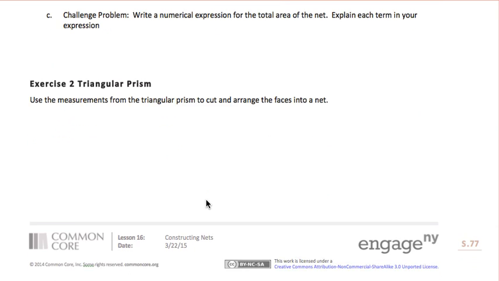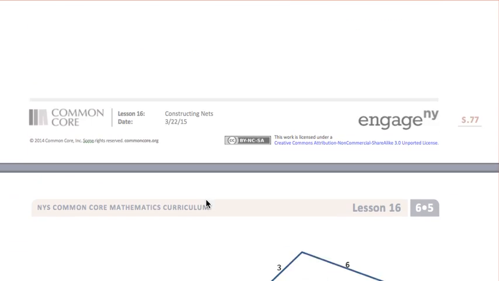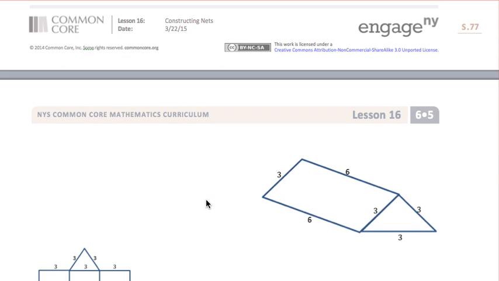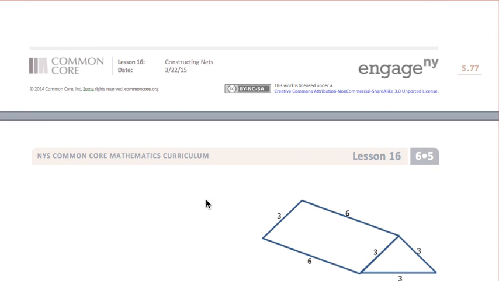Next, we'll look at triangular prisms. And in a triangular prism, you're going to have 2 triangular sides and 3 rectangular sides. So draw what you think your net is.